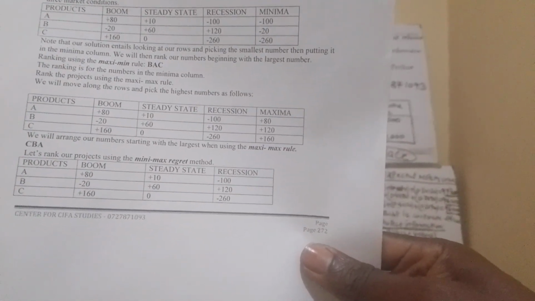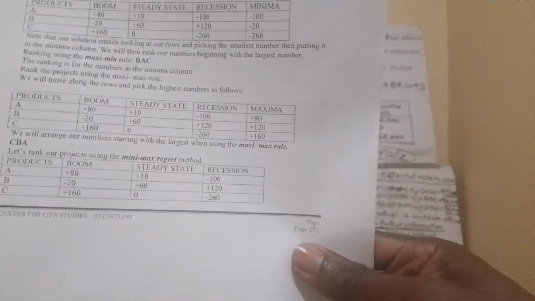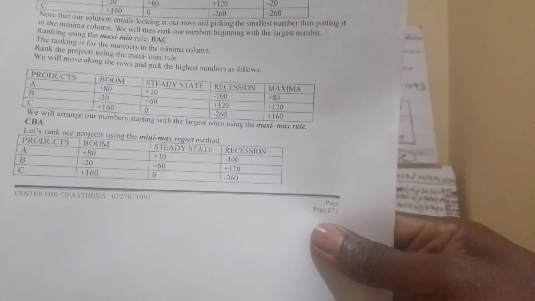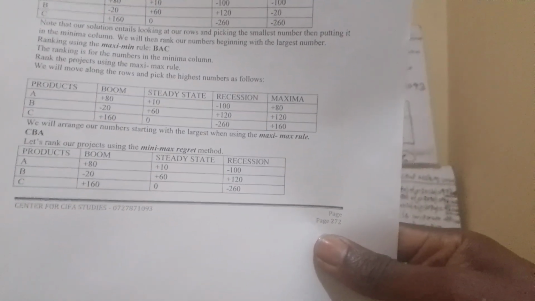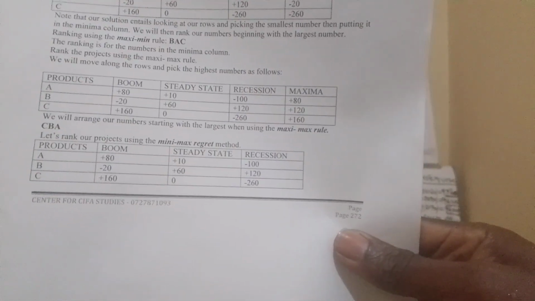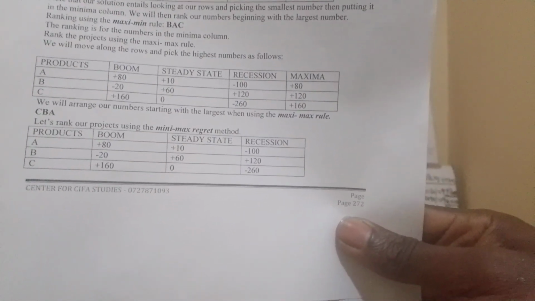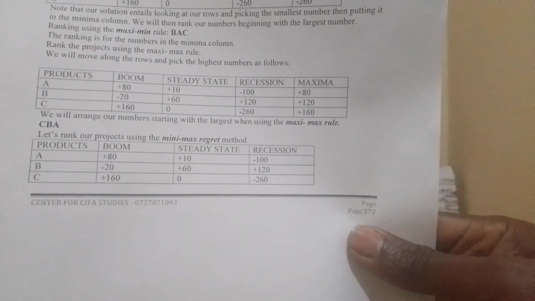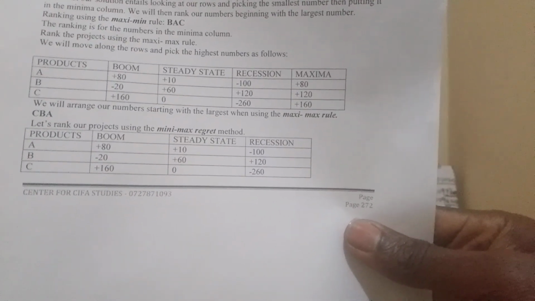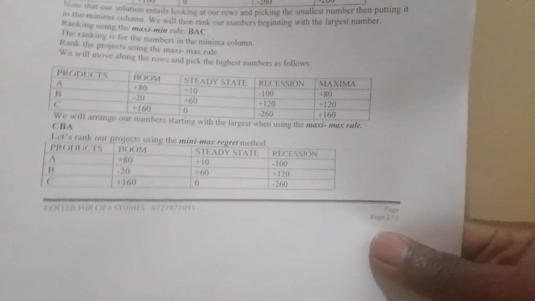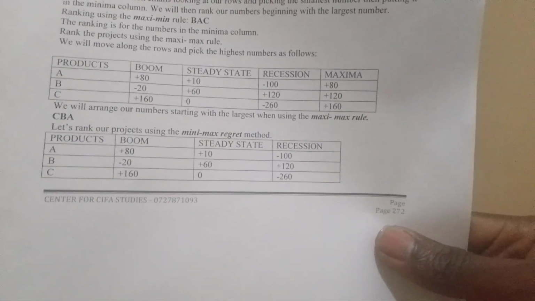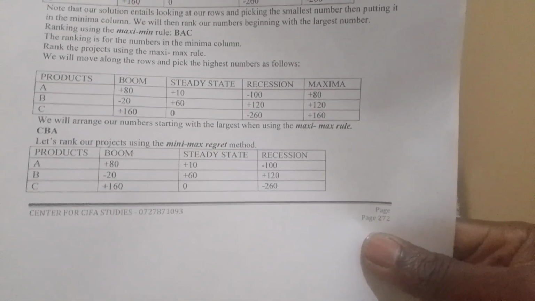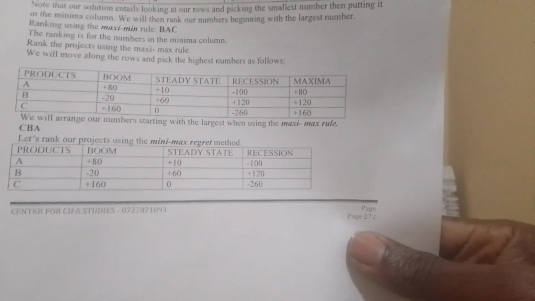Now you are using min-max regret. I told you, you go along each column, take the highest number, then you subtract whatever number is in each cell. For example, for boom, you take 160, the highest number there. So you take 160 minus 8, 160 minus 20, 160 minus 160.